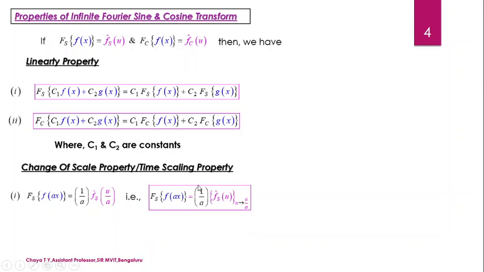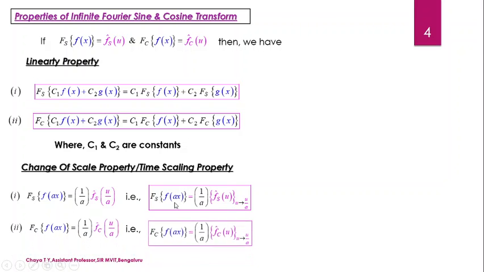That means consider the Fourier sine transformation of the function f of x, which we denote by fs of u. Into that definition, replace u by u divided by a, and multiply the expression by 1 by a. That gives the Fourier sine transformation of the required function of the form f of ax. Similarly, we have the time scaling property for the Fourier cosine transformation.